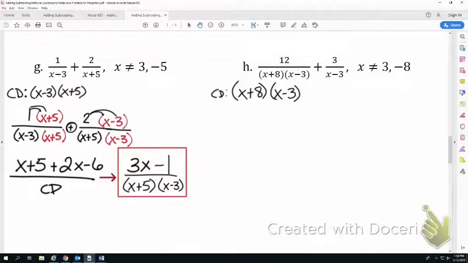Do I need to make any changes to my first fraction? What do I need to add to my second fraction?